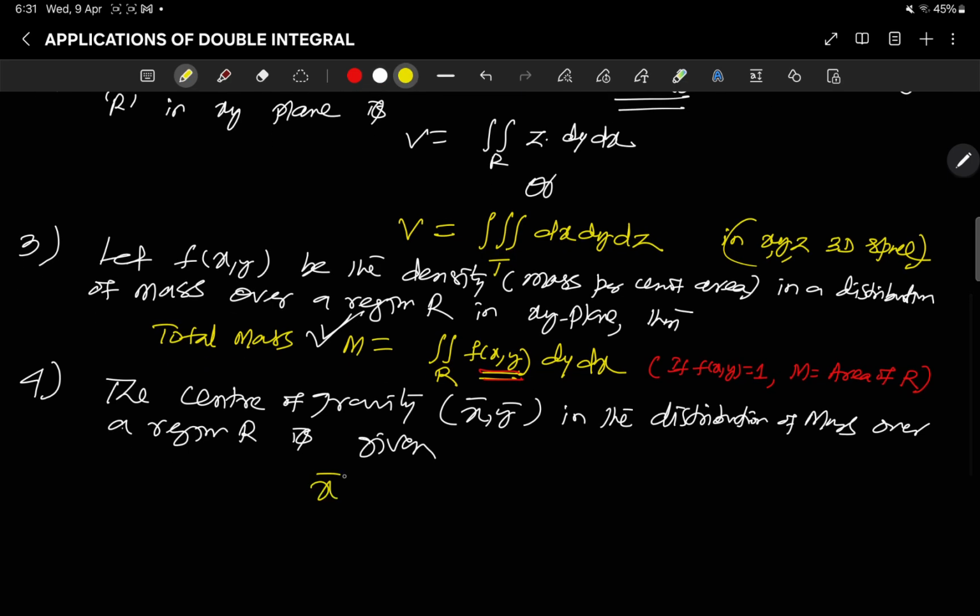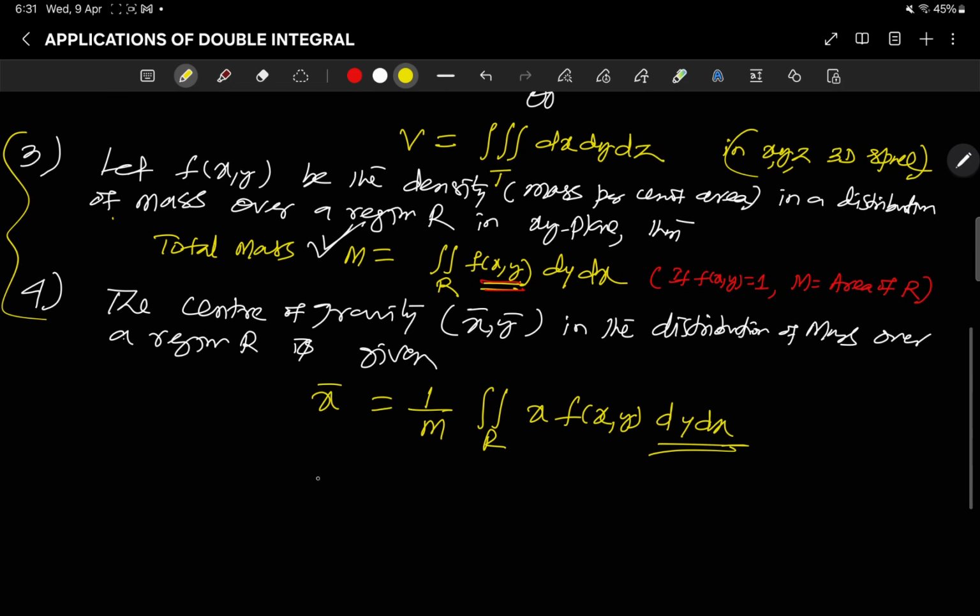In continuation to this, x bar is equal to 1 by M double integral of x f(x,y) dy dx, or dx dy, that depends upon the order, and y bar is 1 by M double integral over the region of y f(x,y) dy dx, where f is your density.